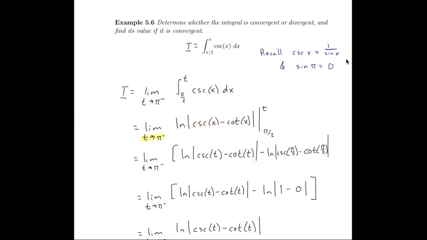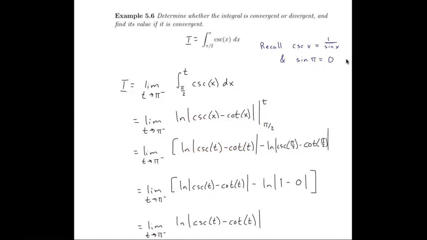Limit as t goes to pi from the left. We have pi over 2 to t, so let's apply our limits of integration. We have natural log cosecant t minus cotangent t minus natural log cosecant pi over 2 minus cotangent pi over 2. Okay, all that looks good. At least this latter half that's highlighted now is easy to calculate.